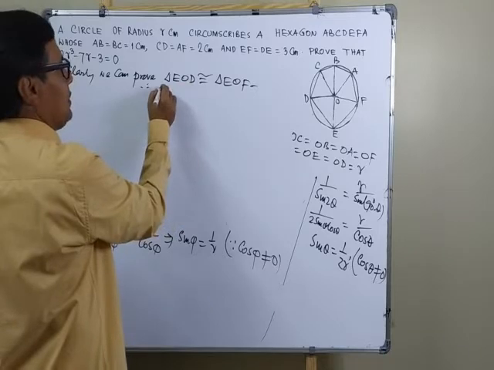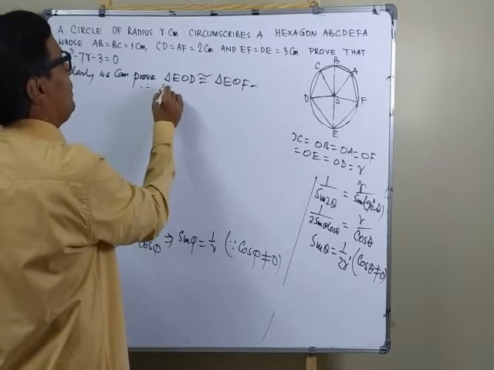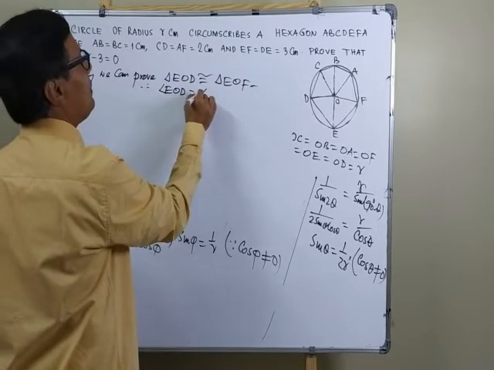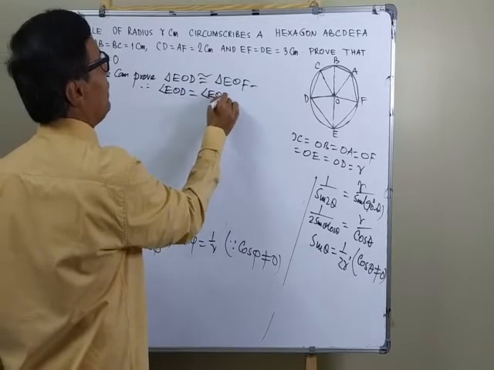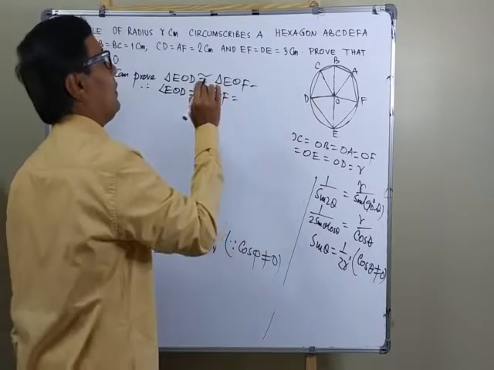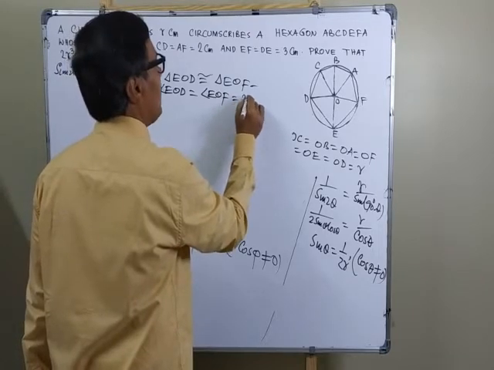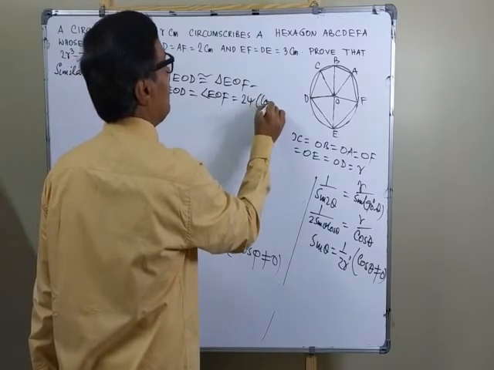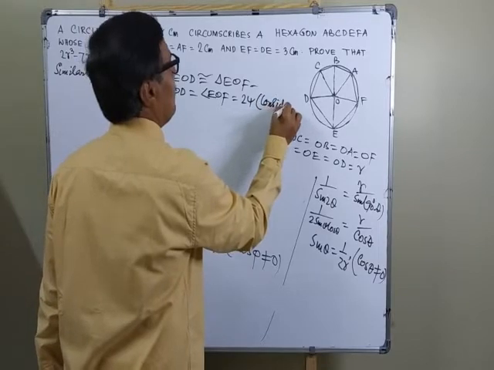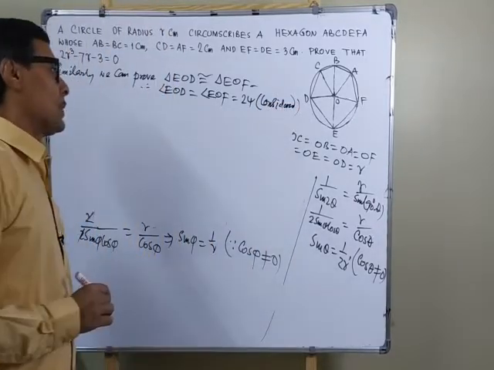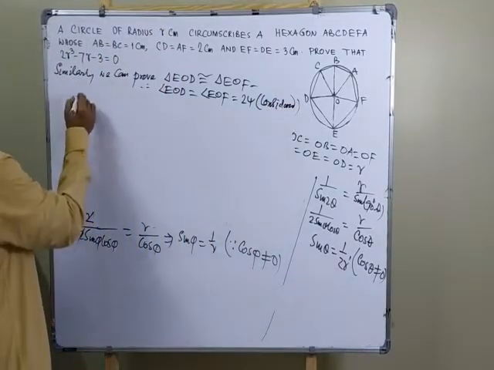That is, angle EOD is equal to angle EOF, and these are considered as 2 psi.